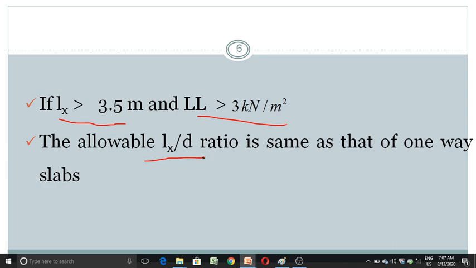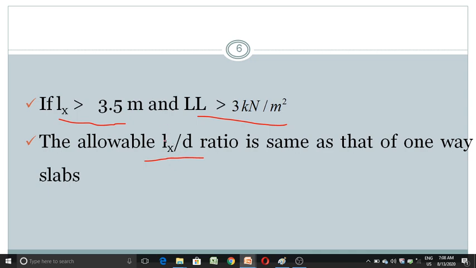What values did I use for a one-way slab? If you remember, the Lx by d ratio for a simply supported slab is 20. That value will vary from 25 to 30. Between those two values we choose our Lx by d ratio and calculate the effective depth.